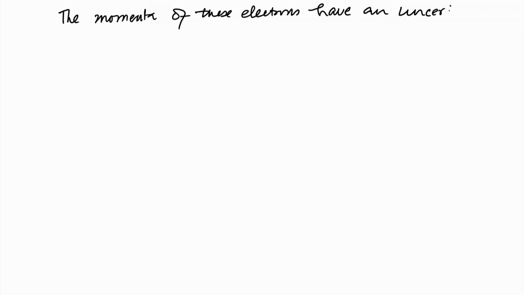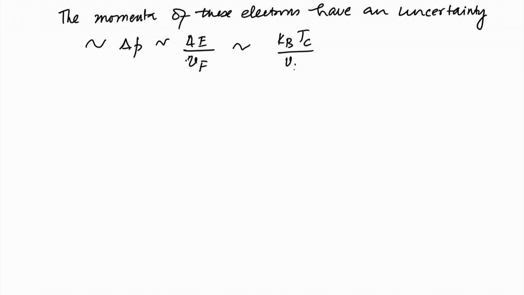The momenta of these electrons have an uncertainty of the order of delta p, which is equal to delta E by Vf, which is nothing but kTc over Vf.